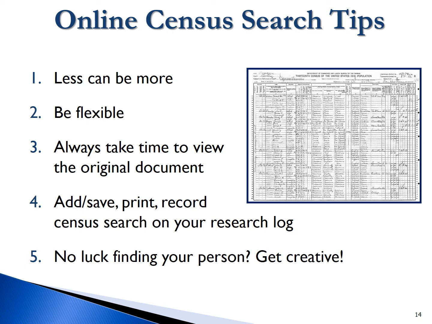In the past, names were often spelled phonetically, or as the census taker, the enumerator, heard and recorded them. Be flexible. Always take time to view the original document. Make sure you add, save, print, and record census searches on your research log. And no luck finding your person? Get creative.